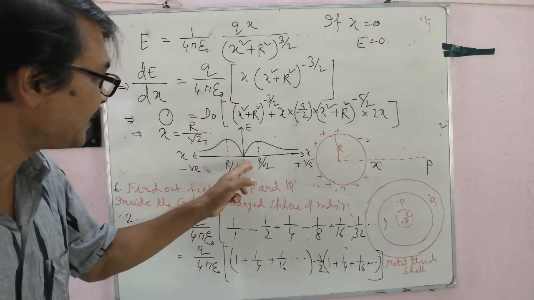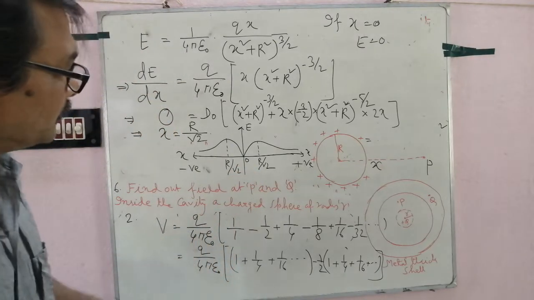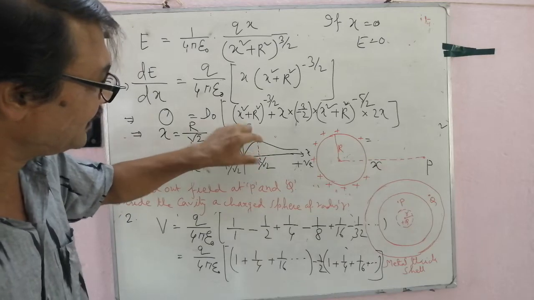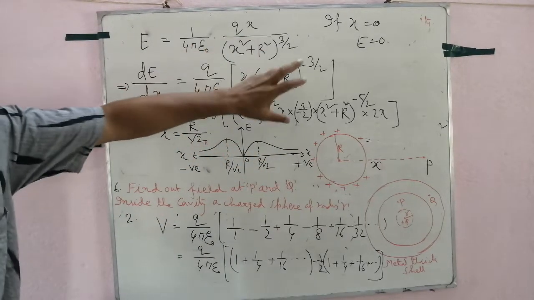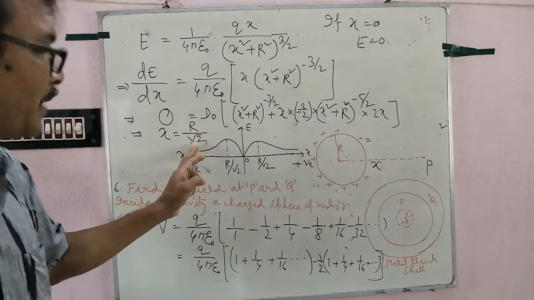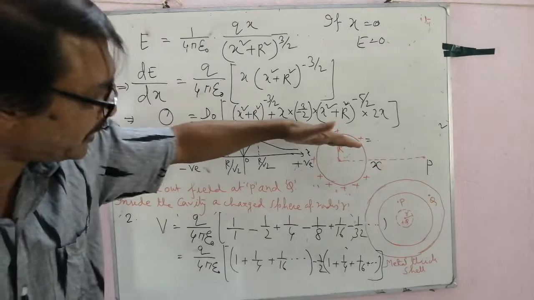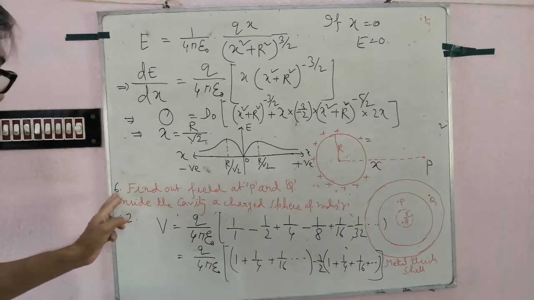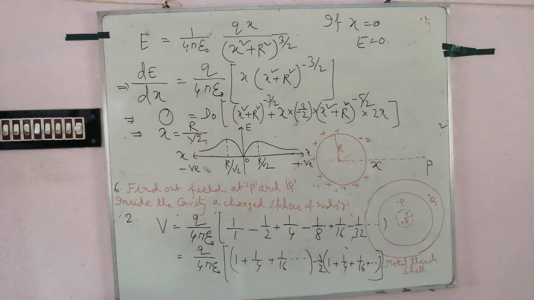At the center, this is the origin O. At the center, field is 0, but at a distance r/√2 it is maximum, then the field decreases in this way. So this is another important question, graphical representation. Clear? Now look, question number 6, another very important question or problem.